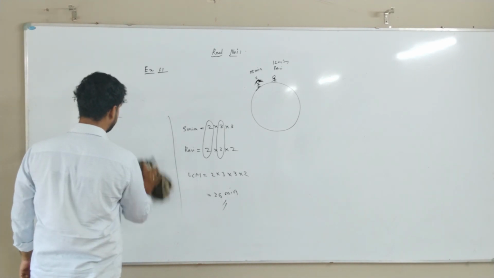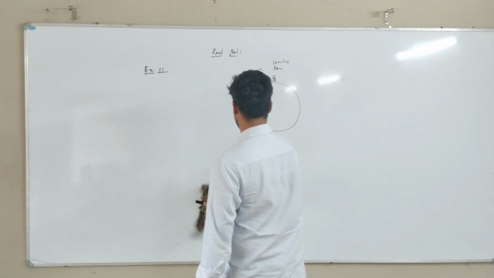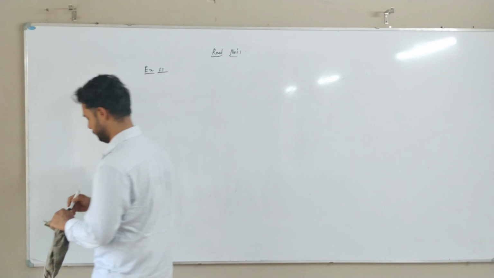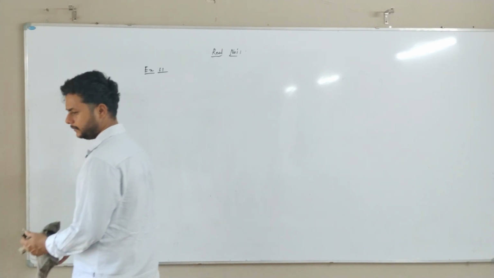Now we'll do some LCM and HCF sums. Some questions I will give you to try. First one: 15 and 24. Try fast.